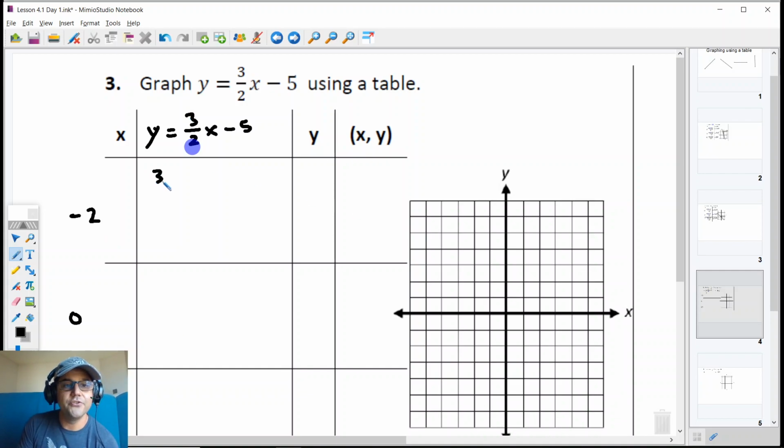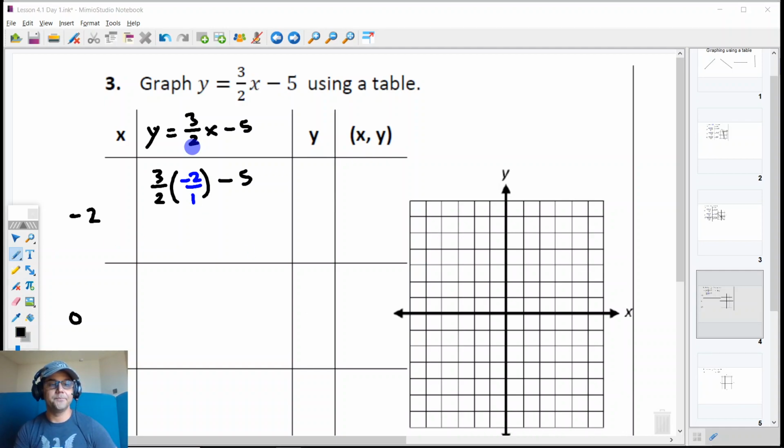Because when I go to do my substitution and I use my x that I have selected, if I simply put a 1 underneath that -2, that will allow me to perform my cross-canceling skill. The 2's will be able to cross-cancel. 3 multiplied by -1 is -3, and subtract 5.